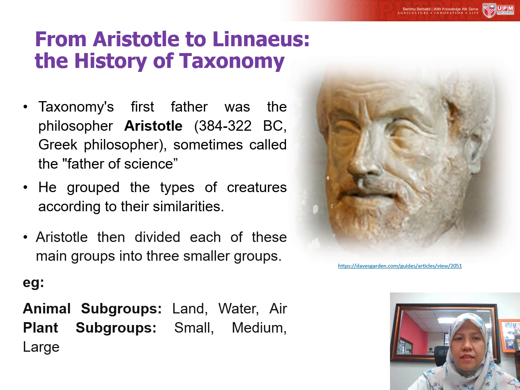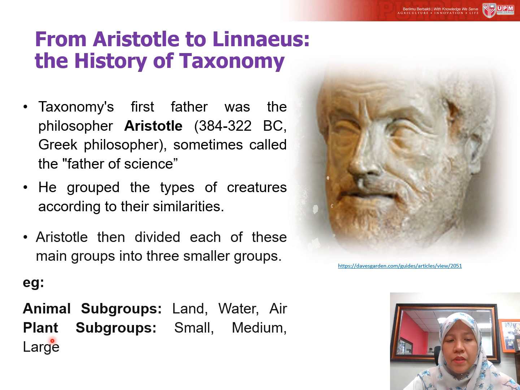Okay, let's learn a little bit about the history of taxonomy. Some of us might have heard the name of Aristotle. Aristotle was called the father of science. He grouped the types of creatures according to their similarities, and then he divided each of these main groups into 3 smaller groups.